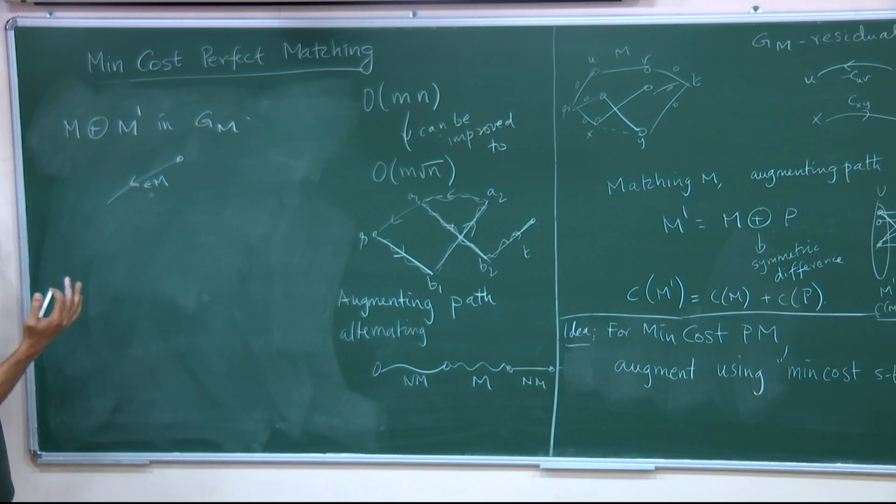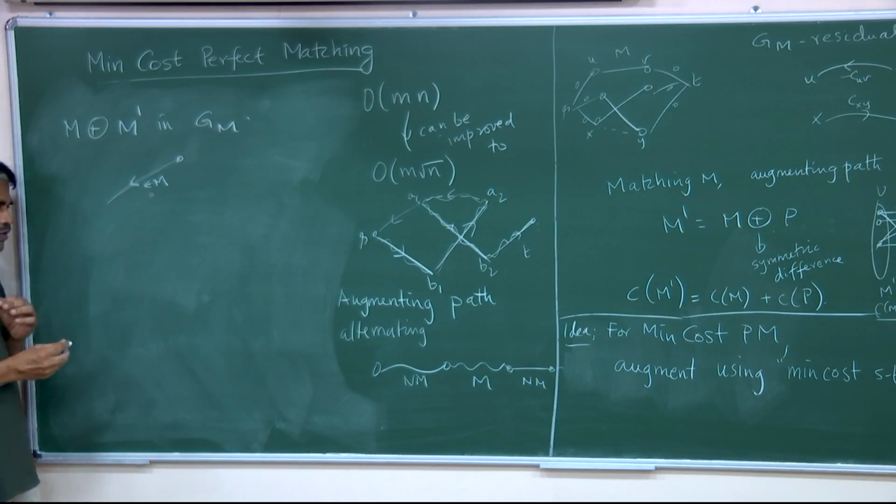Both are perfect matchings. What happens if you just take two perfect matchings and look at their symmetric difference? Let's see how it will look.